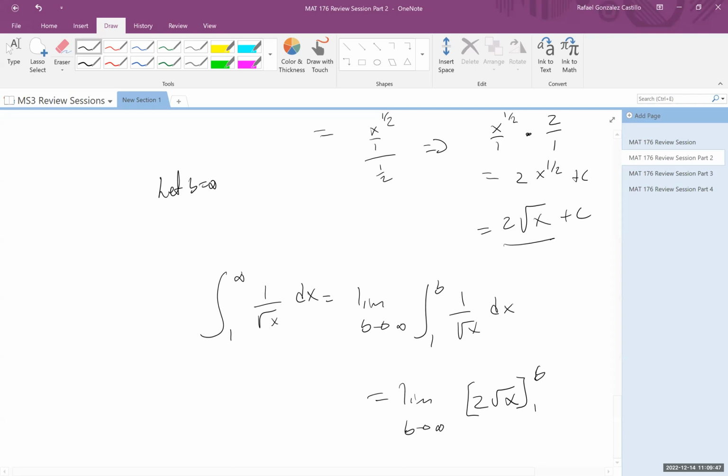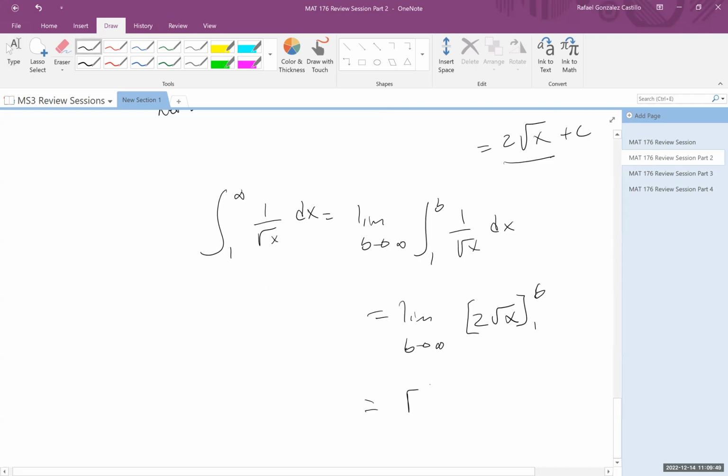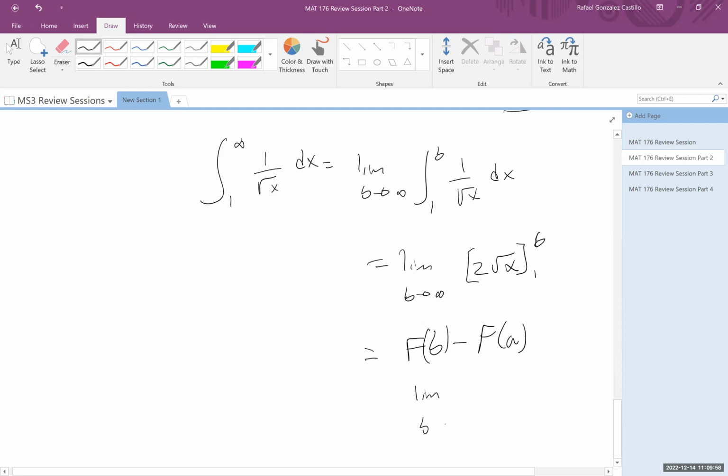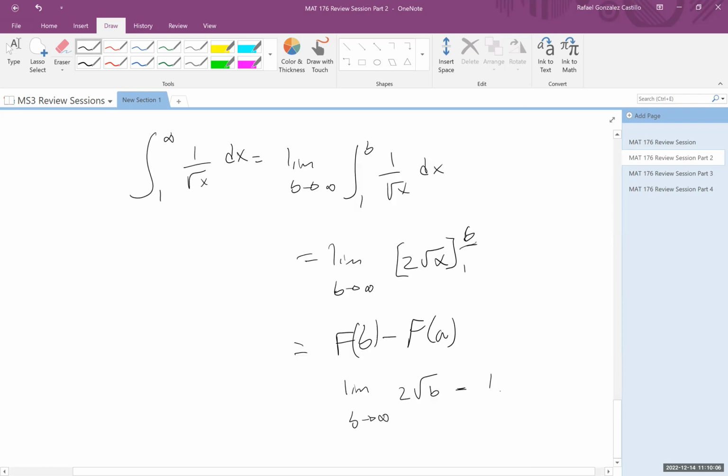By the fundamental theorem of calculus, we're going to do f of b minus f of a. So we're going to have the limit as b goes to infinity of f of b, which is 2 radical b, minus the limit as b goes to infinity of f of a, which is 2 times square root of 1.